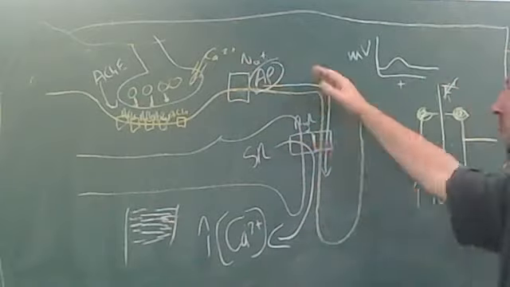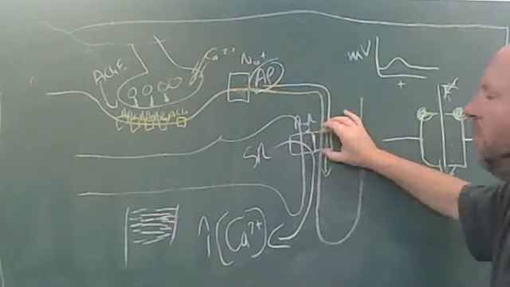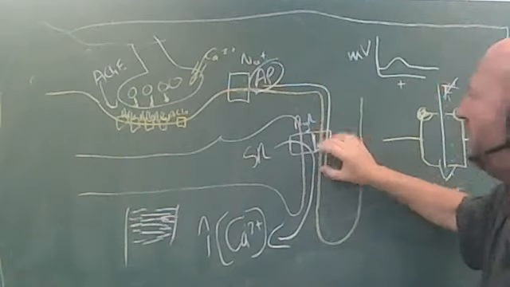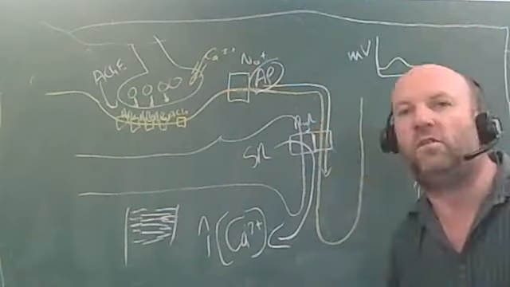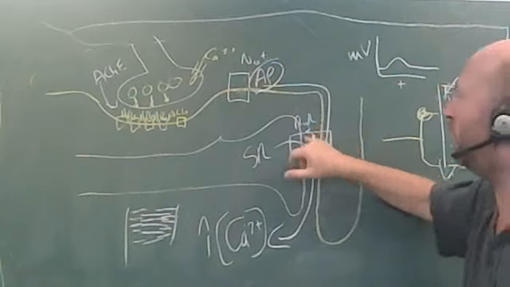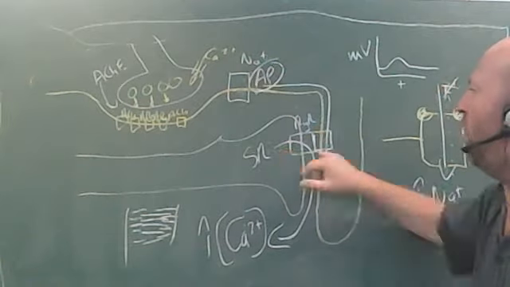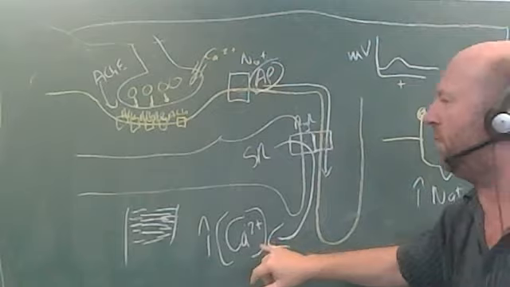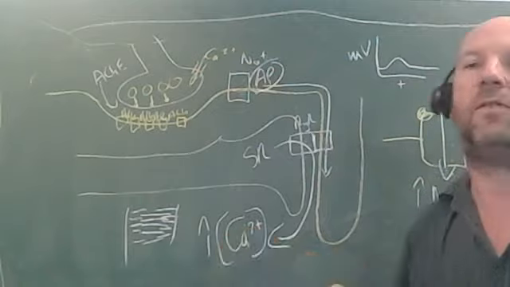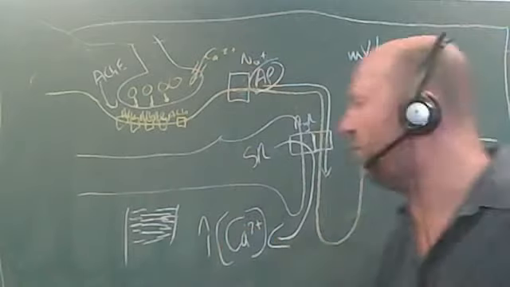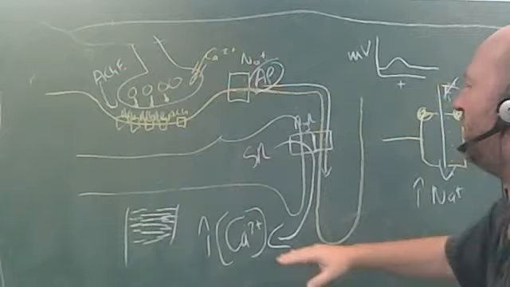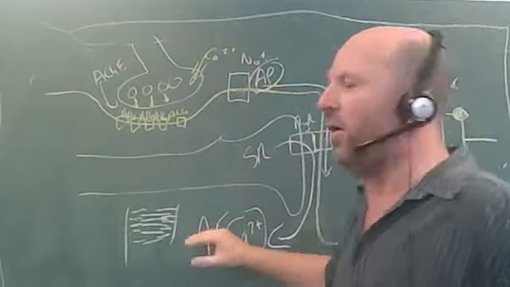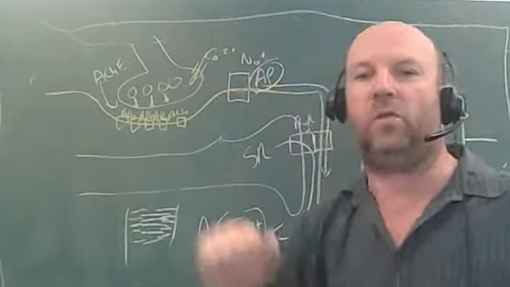This produces a wave of depolarization that opens the dihydropyridine receptor on the T-tubule, and when this opens, it in turn will open the ryanodine receptor, which will allow calcium to rush out of the sarcoplasmic reticulum, increasing calcium levels in the muscle. And it's this increasing calcium level inside the muscle that is going to produce contraction.